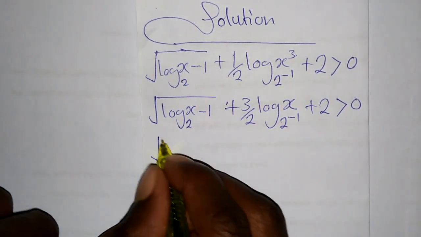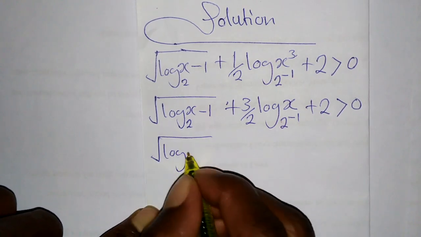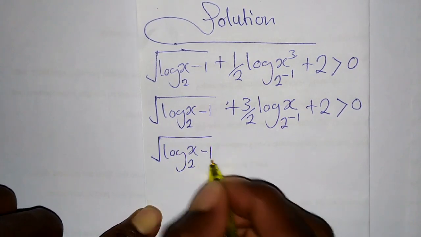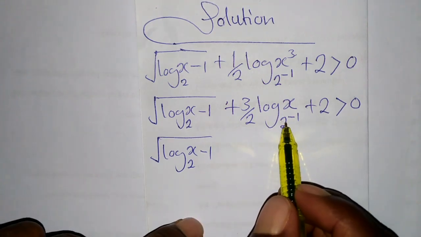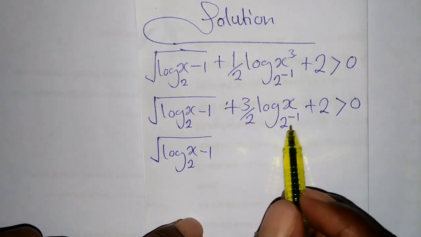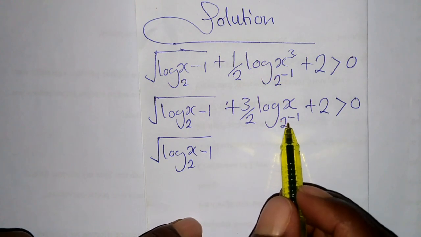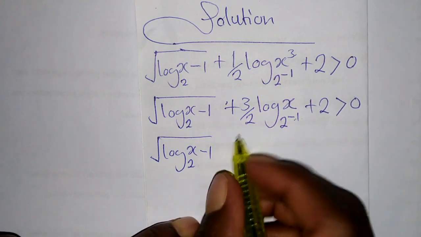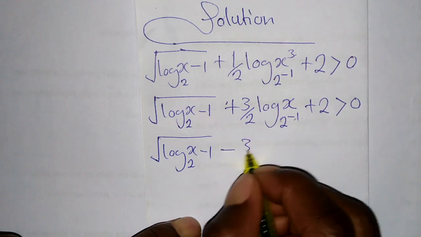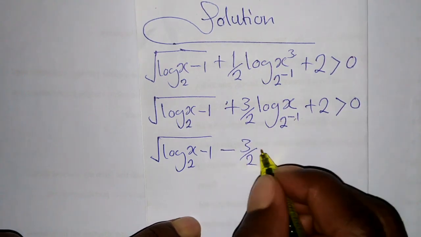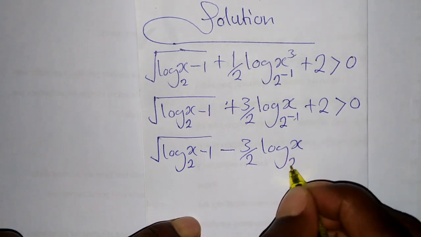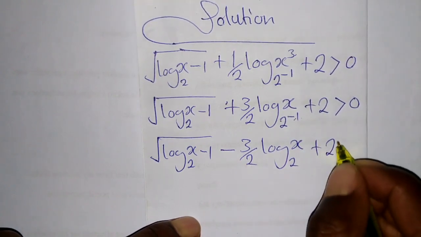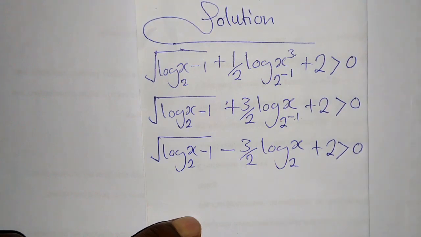The same thing as square root of log x base 2 minus 1. Now this power of minus 1 on the base according to indices can come back here, and we have minus 3 over 2 log x base 2 plus 2 greater than 0.